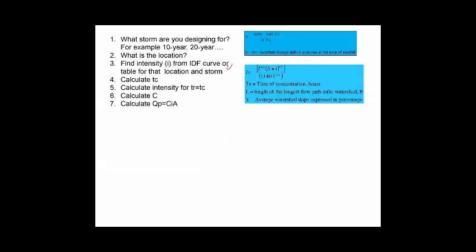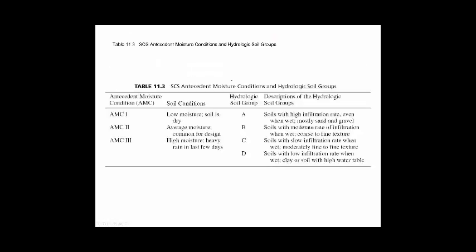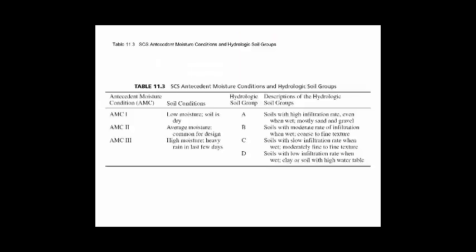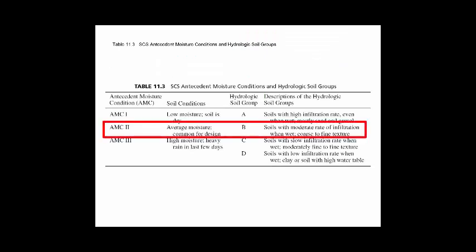So we have this, and you have to calculate TC using these equations. A few things for those equations. Remember that since we're looking at the curve number, even though this is the rational method, we're using a curve number anyway. So you have to look for design.